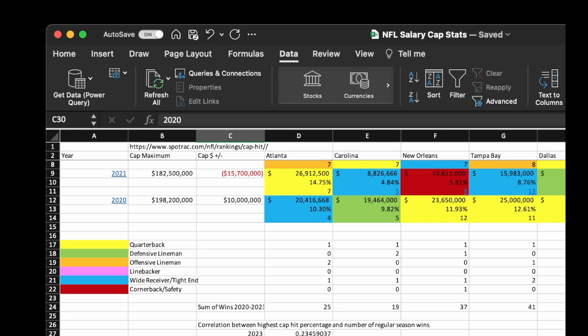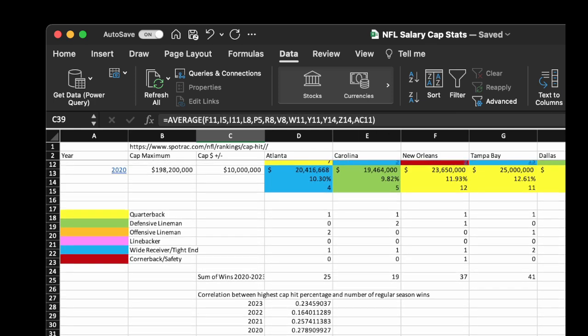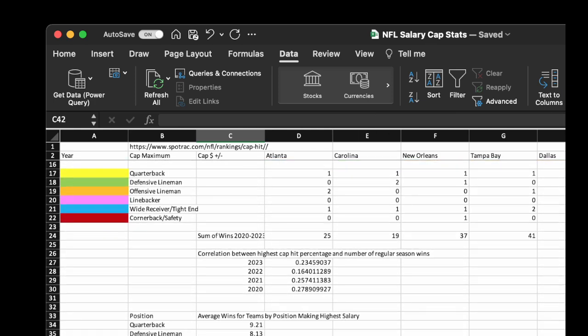And when choosing what position to pay the highest, quarterback has a more than one whole game lead over the next highest position, which was a wide receiver / tight end.